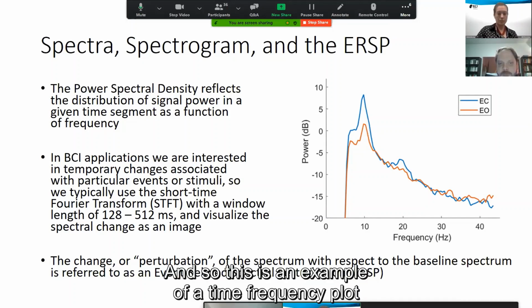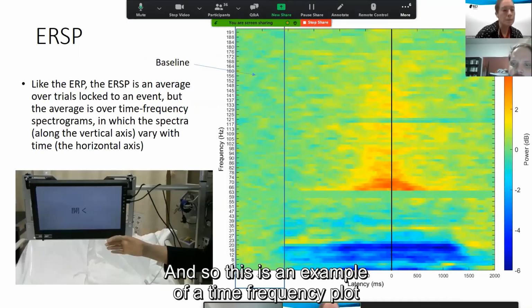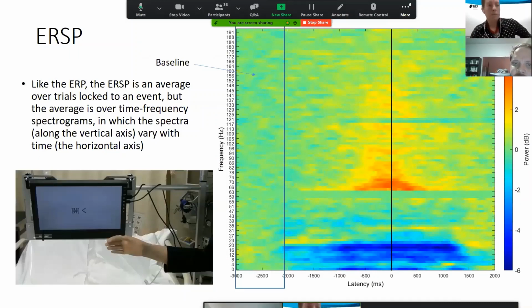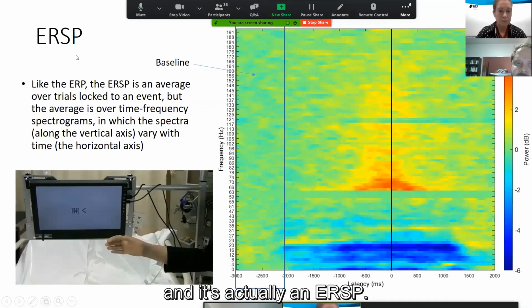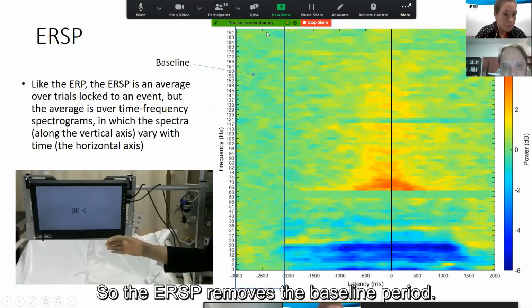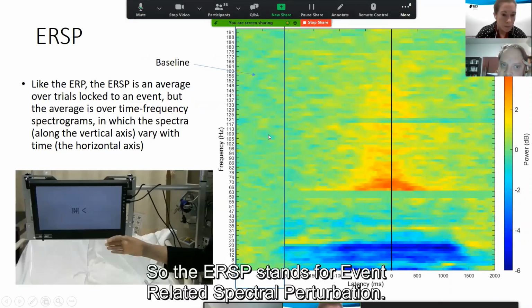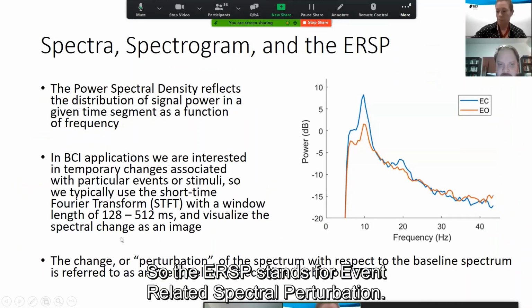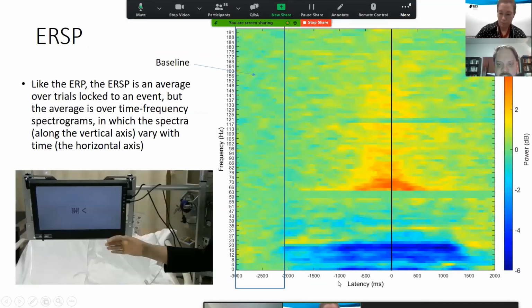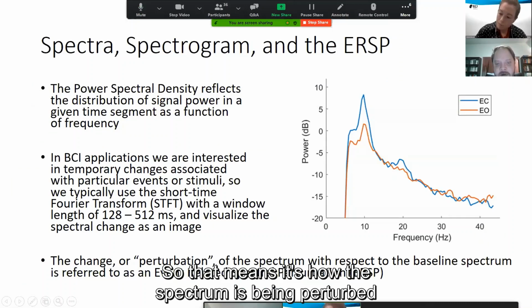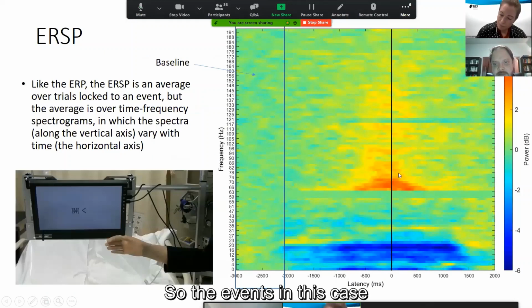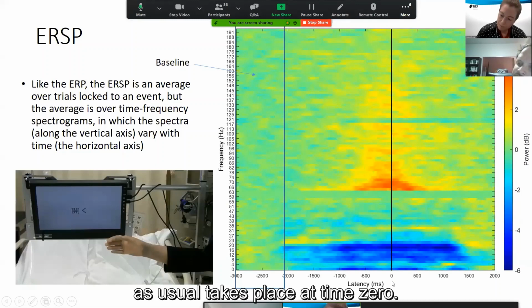And so this is an example of the time frequency plot, and it's actually an ERSP. The ERSP removes the baseline period. ERSP stands for event-related spectral perturbation, so that means it's how the spectrum is being perturbed by the event. An event, as usual, takes place at time 0.